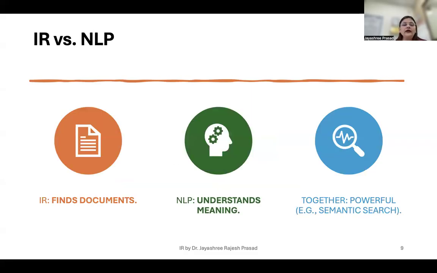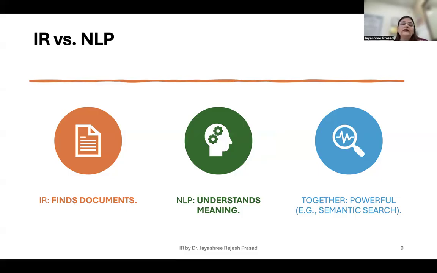So if you're wondering how to try this yourself, there are some great tools. Whoosh in Python for small scale IR, then Elasticsearch and Apache Solr for enterprise level search. Then you have Gensim for topic modeling and similarity. And for cutting edge, Hugging Face transformers let you build semantic search engines.